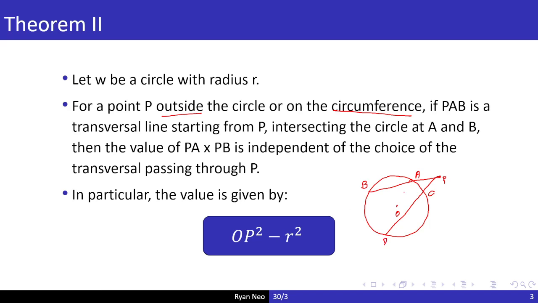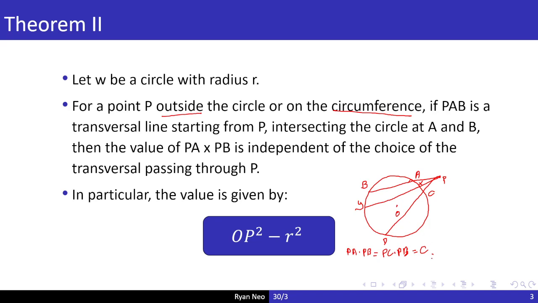It doesn't matter which line we randomly drew, PA times PB will be equal to PC times PD. It doesn't matter which line we draw through, it would be equal to some constant value. Let's call it C. Let's say we drew it here. Let's call this X, let's call this Y. PX times PY would also be the same as PA times PB and PC times PD.